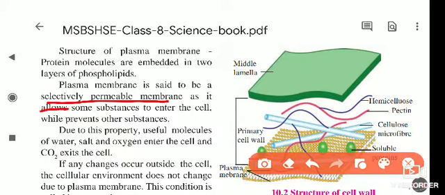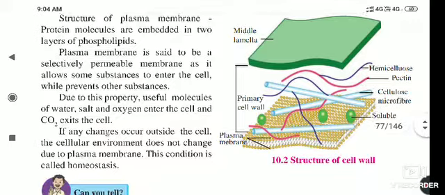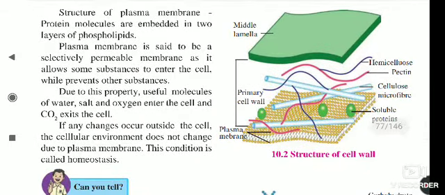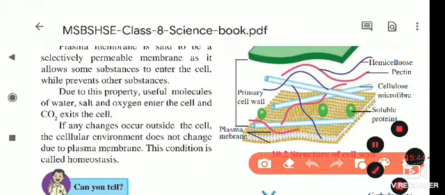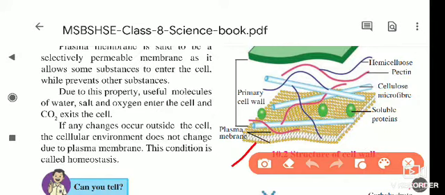That word is important, because selectively permeable means only what is useful for the cell enters the cell, and there is no entry for other things. It allows some substances to enter the cell while preventing others. It works like a strainer: only what is useful enters the cell.